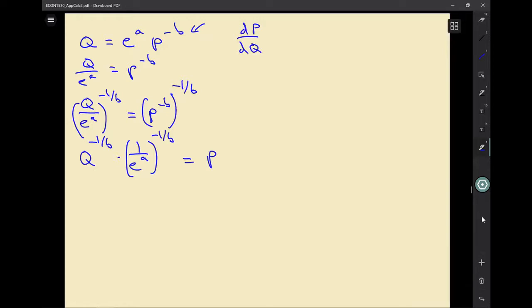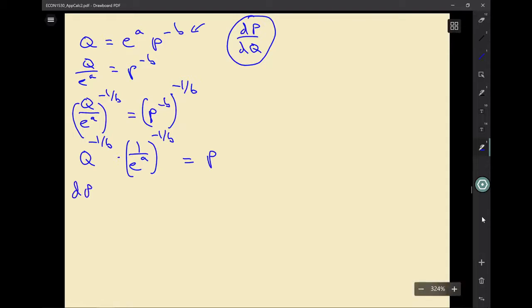And if I do that, this becomes a little bit easier to take the derivative of p with respect to q, because now we can just use the power rule.